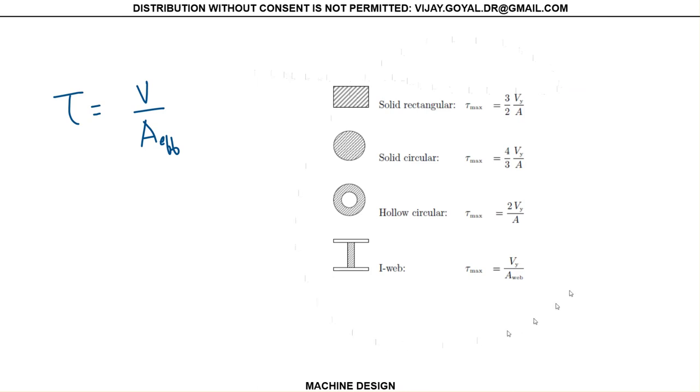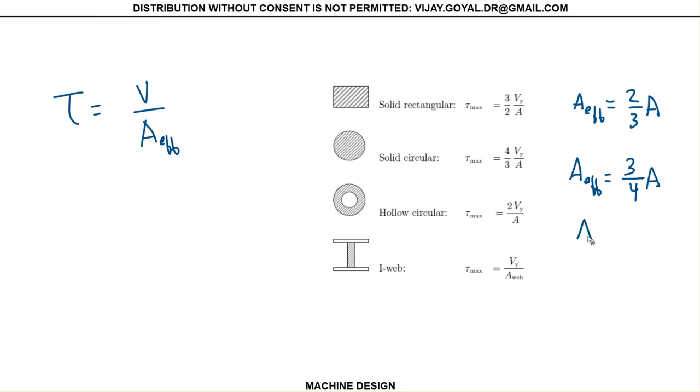This is a typical cross-section. So in here, you can see that your area effective for this particular case is 2/3 of the cross-sectional area. Here, the area effective is equal to 3/4 times the area.